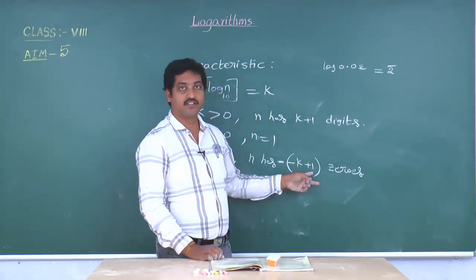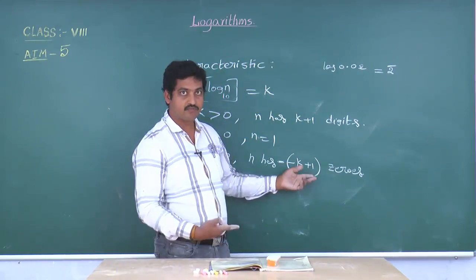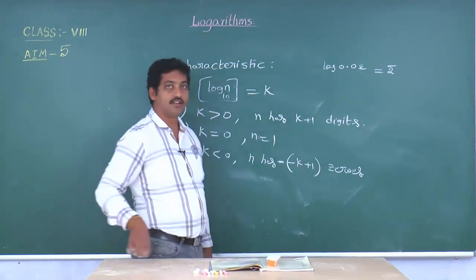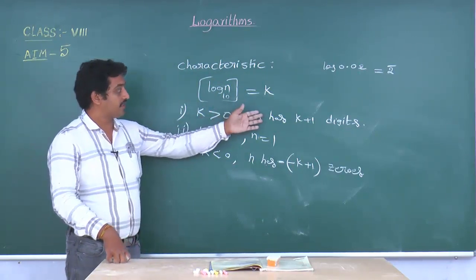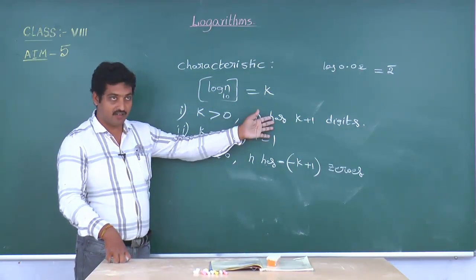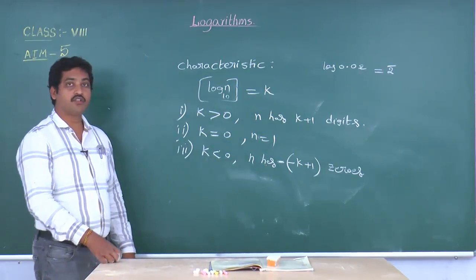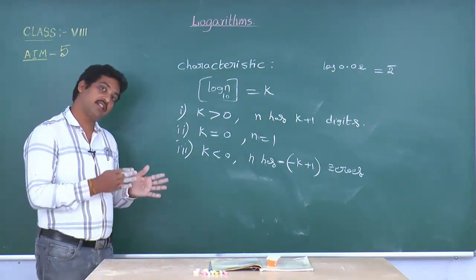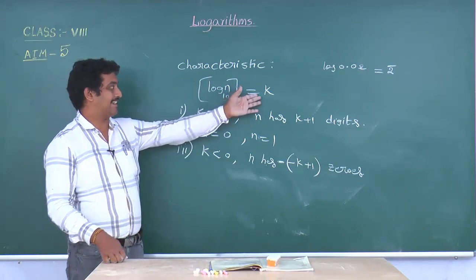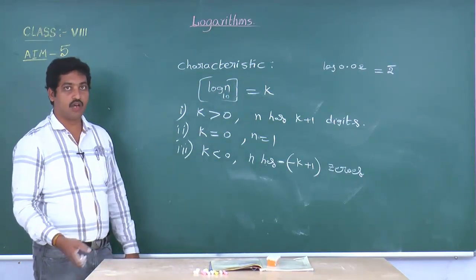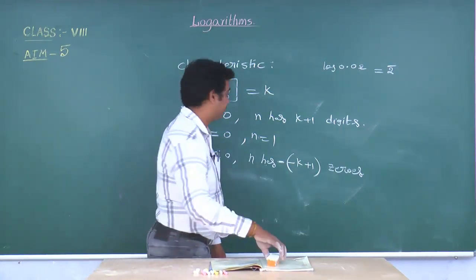Minus 2 plus 1 is equal to minus 1. Minus of minus 1 is 1. Therefore 0.01 has one zero. Therefore we can find the number of digits in the given number if it is greater than 1. Otherwise, we can find the number of zeros in between the decimal point and the first significant number if we know the characteristic, either positive or negative.